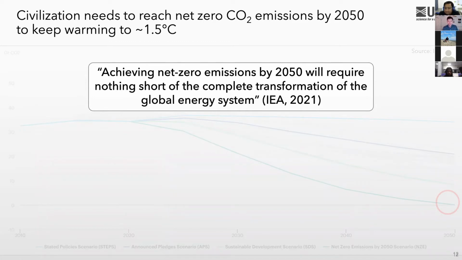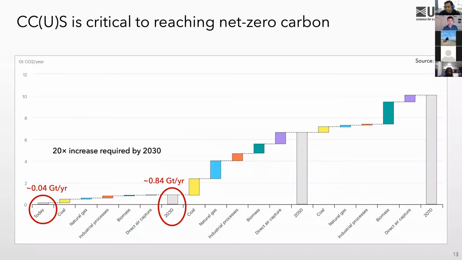So the job for geoscientists is impressive, and there will be a great deal of work for all of you, all of us, coming up, more work than I think we can possibly handle. And that's illustrated here. There are two technologies that are especially relevant to geoscientists for addressing the climate change problem.